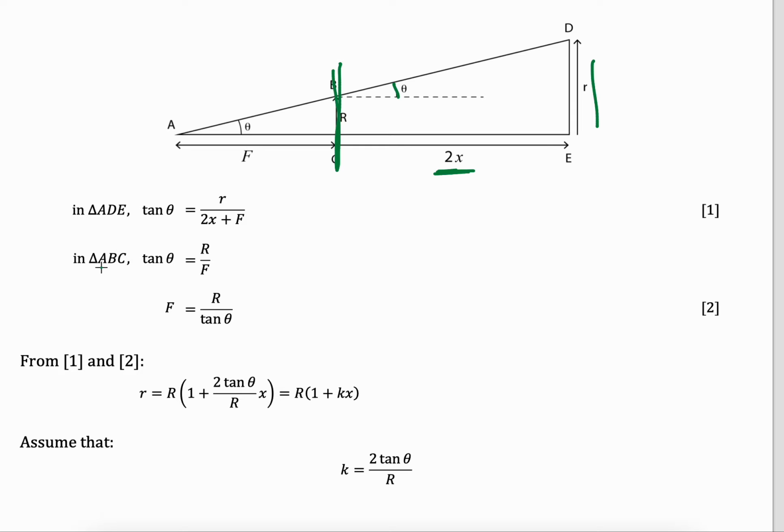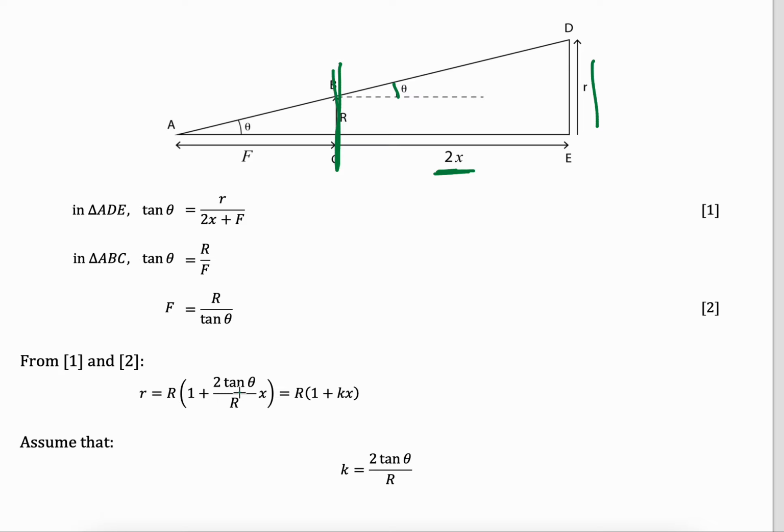For triangle ABC, the tangent of theta is r divided by f. From equation 1, f is r divided by tangent theta.